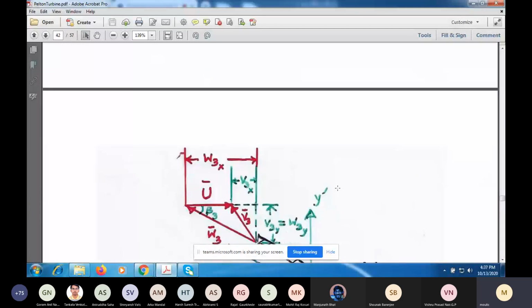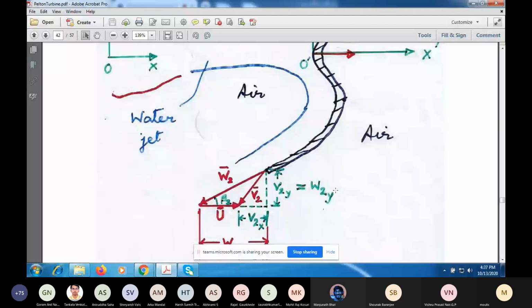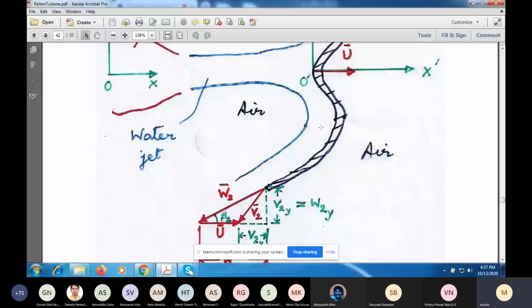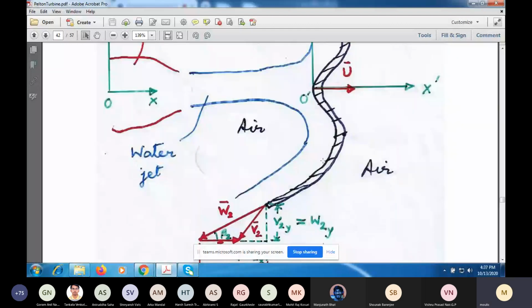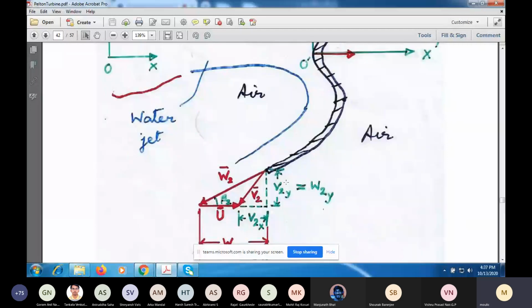Now let us look at the velocity triangles. We have shown rigorously using the kinematic boundary condition that the relative velocity for an inviscid fluid at any point on the surface of an impermeable solid is tangent to the surface. So if I have a point somewhere here, we will draw the tangent, and the direction of W, the relative velocity, will be in the direction of the tangent. So at the outlet also we are assuming that it goes out smoothly.